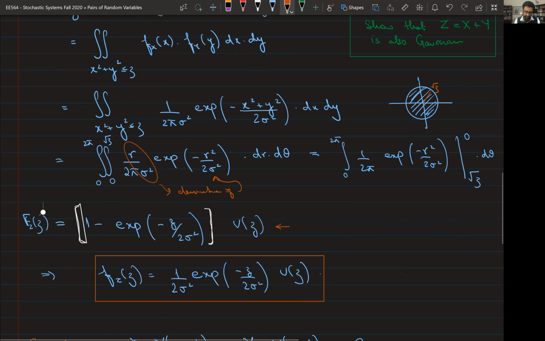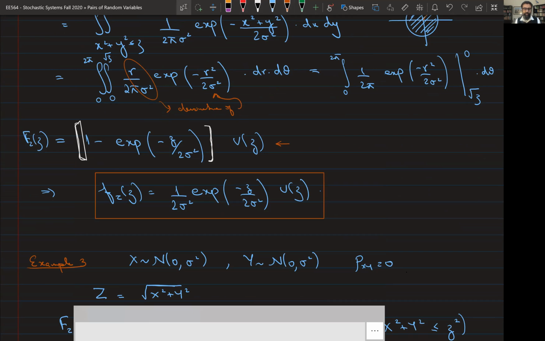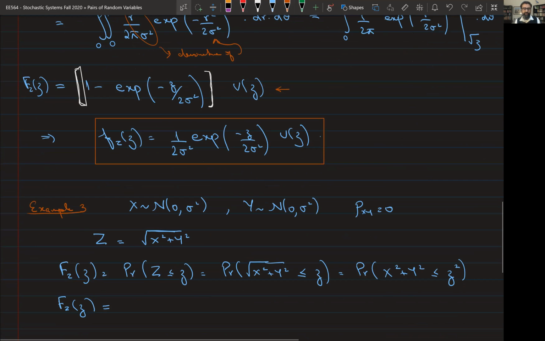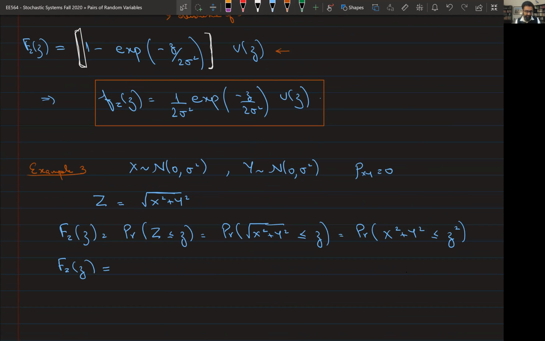Now the only difference here is that we're interested in finding the probability that x squared plus y squared is less than or equal to z squared. All I'm going to do therefore is replace z with z squared, right?